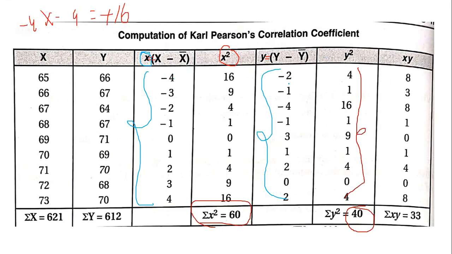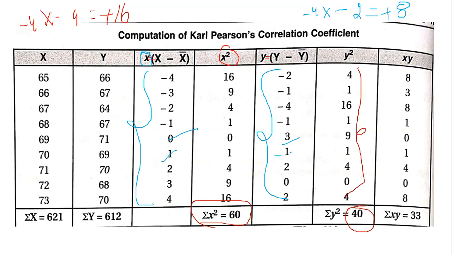Minus 4 into minus 2. Minus into minus is plus. 4 twos are 8. So that is plus 8. Then 3 into minus 1 is minus 3. Minus 2 into minus 4 is 2 fours are 8. Minus 1 into minus 1 is 1. Then 0 into 3 is 0. 0 into anything is 0.